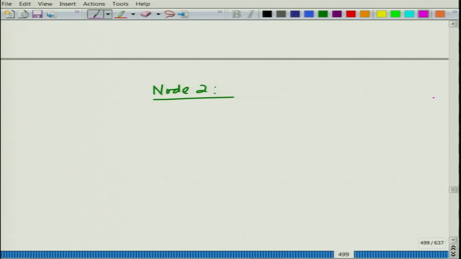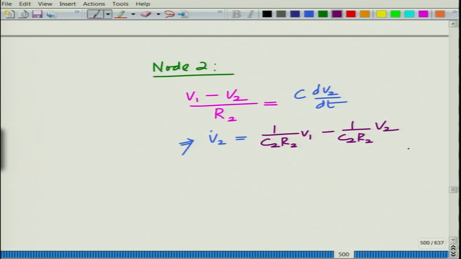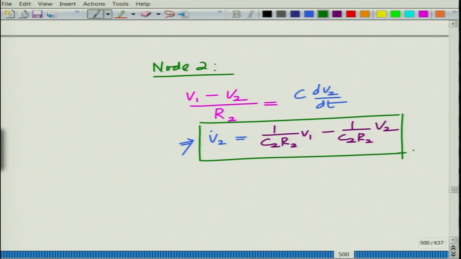This implies V1 minus V2 by R2 equals C2 dV2 by dt, which implies V2 dot equals 1 by C2 R2 times V1 minus 1 by C2 R2 times V2. So this is essentially it.